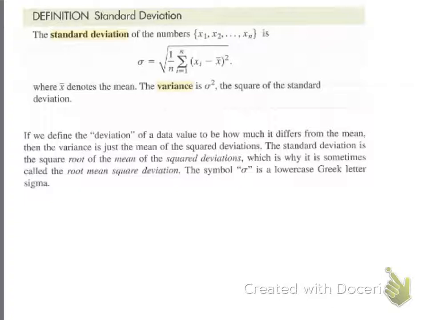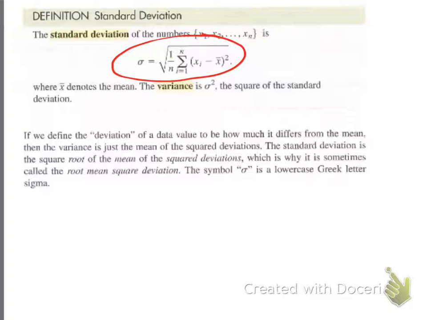The standard deviation. Now they give you this big fancy formula, but you don't need to know it because you're going to use the calculator to find it. Important, if we define the deviation of a data value to be how much it differs from the mean, then the variance is just the mean of the squared deviations.